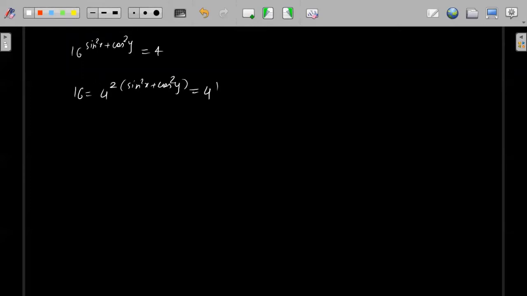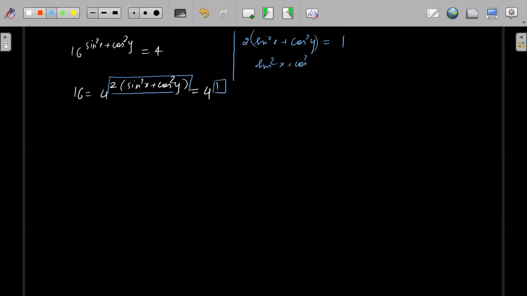Now I can compare once again, both will be equal. So this will become 2 into sine square x plus cos square y is equals to 1. So I will simply take it to the other side. So this is sine square x plus cos square y is equals to 1 by 2, right?